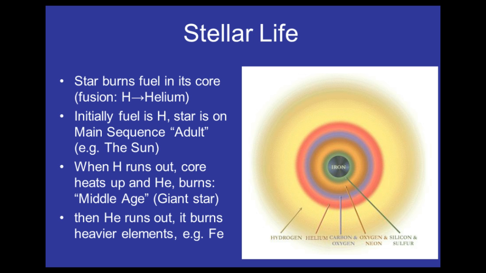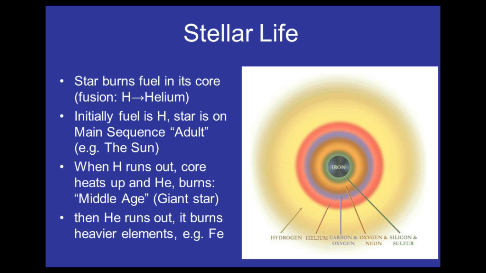Now, as long as there's enough hydrogen fuel in a star's core, this balance continues. Write that down. Stars with this balance are called main sequence or adult stars.